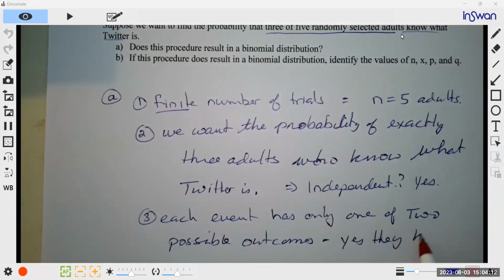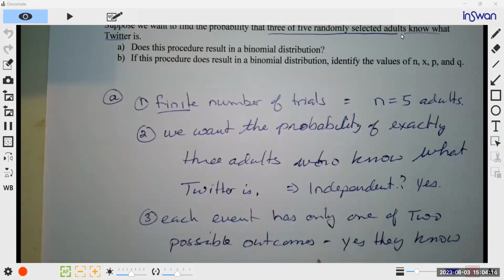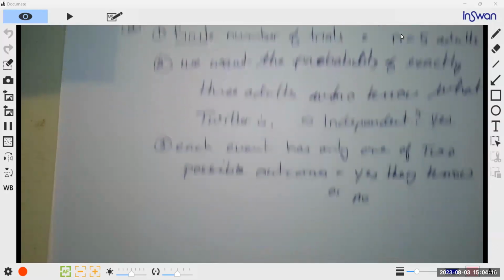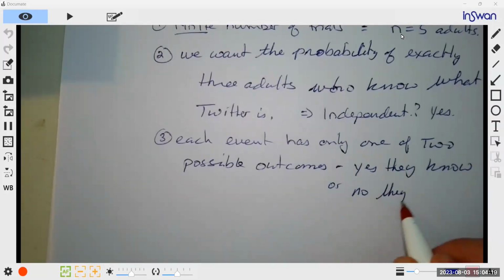Yes, they know, or no, they don't know what Twitter is.